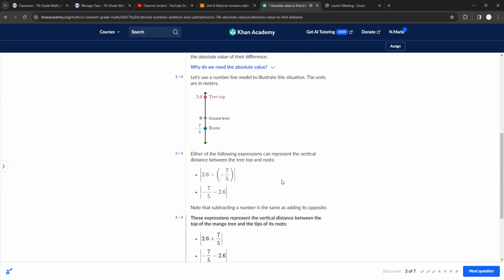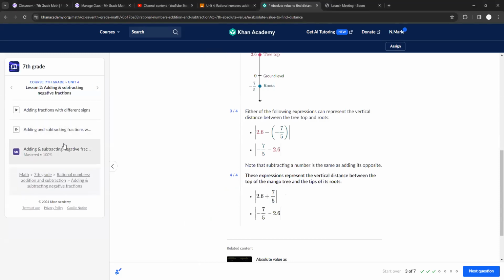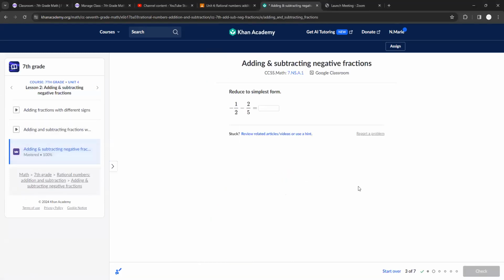I would have to convert that to a decimal, but over 3, about, okay, let's see, -7/5 minus 2.6 gets me -4. And then if you add them together, you would get 4. So both of these would get you with absolute value 4. So that's just dealing with absolute value. It's pretty simple. Moving on.